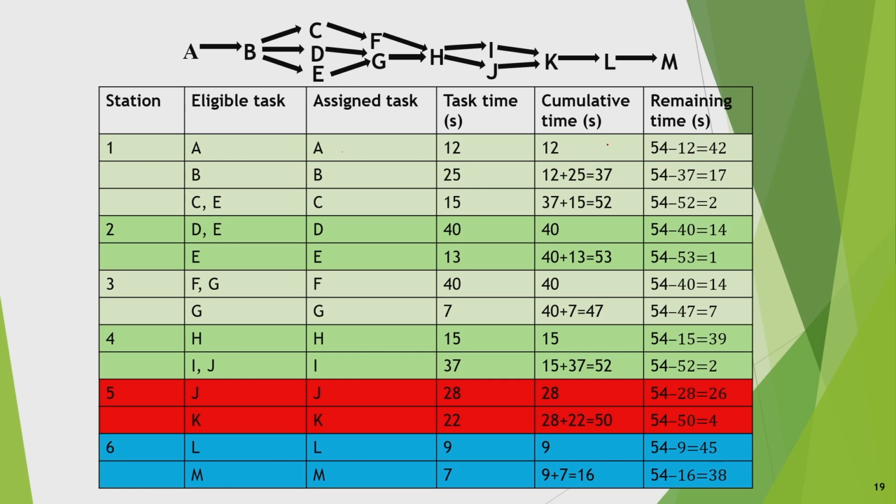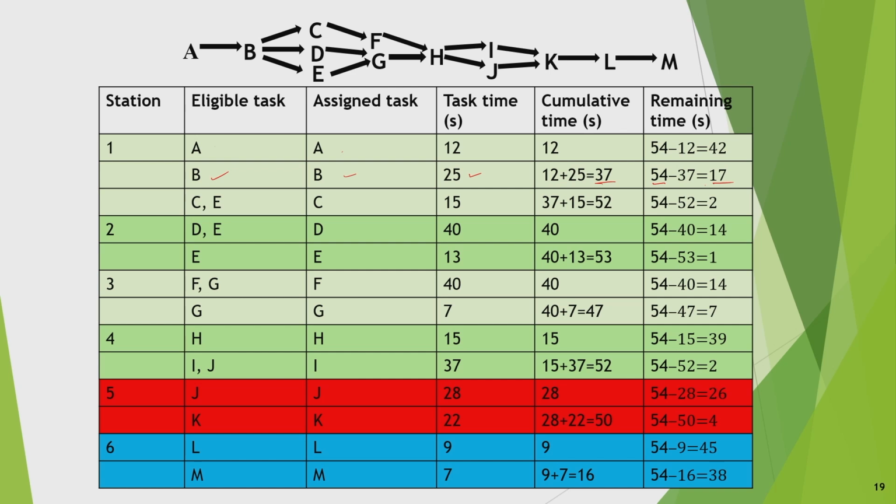Cumulative time is 12, remaining time is 54 minus 12, which is 42. Then you can assign B, task time is 25. So 12 plus 25 means 37 got consumed, and 54 minus 37, 17 seconds is still left in this station.